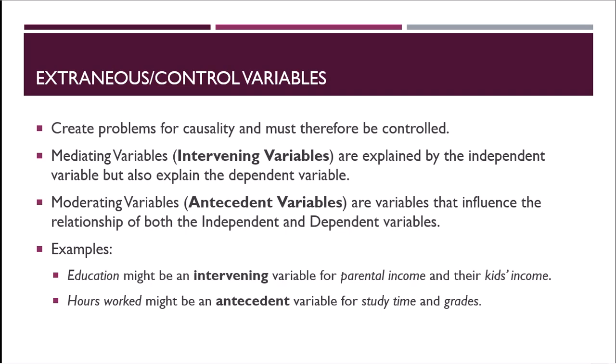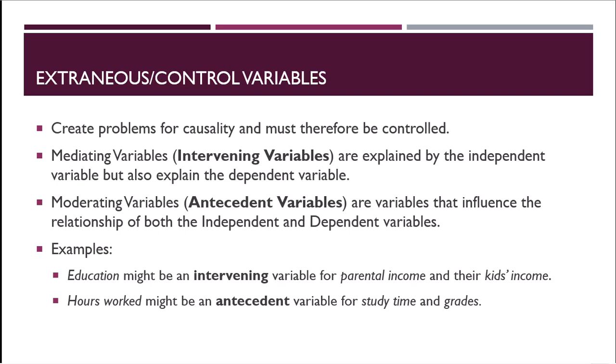Moderating variables, on the other hand, or antecedent variables, are variables that influence the relationship of both the independent and dependent variable. Antecedent variables therefore come before our independent and dependent variables. So again, intervening variables come between or intervene. Antecedent variables come before.